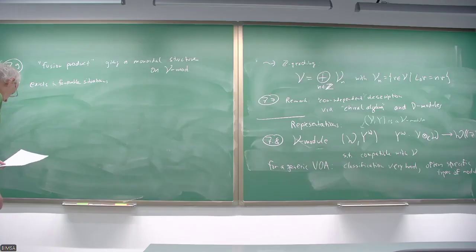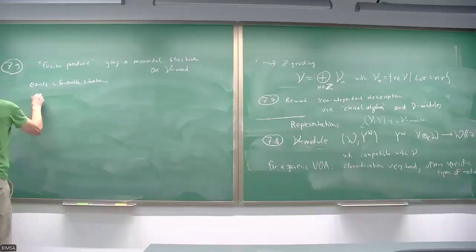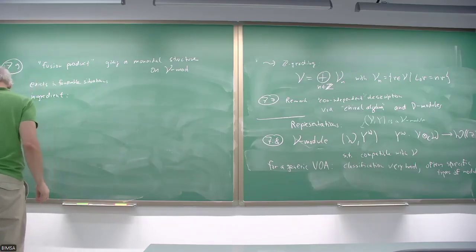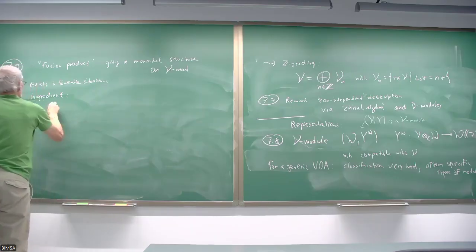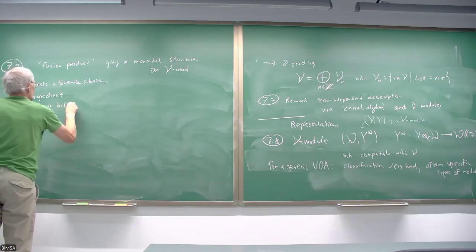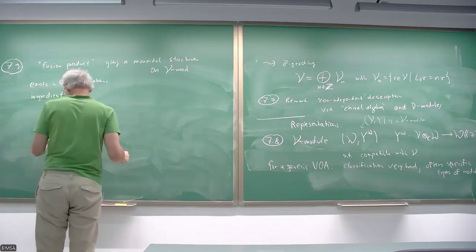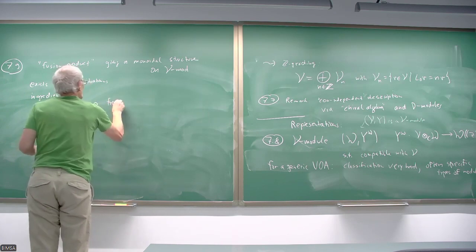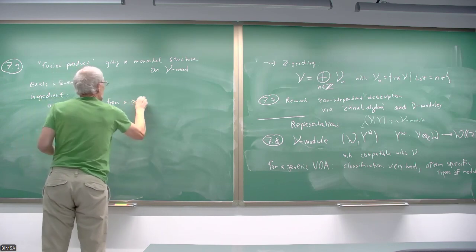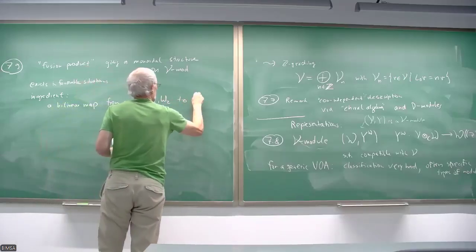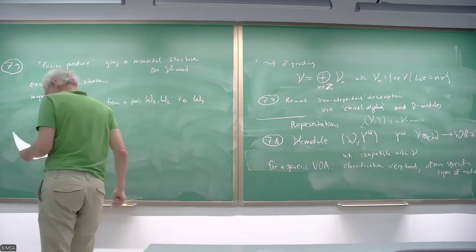Now, a crucial ingredient to define this is a bilinear map from a pair of modules W1, W2 to W3.